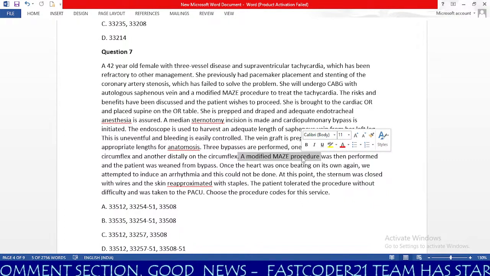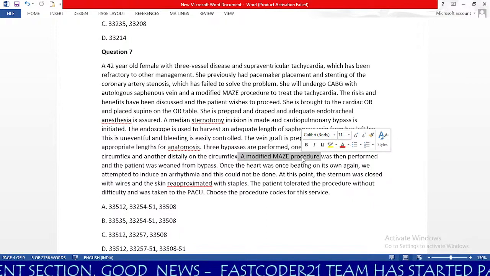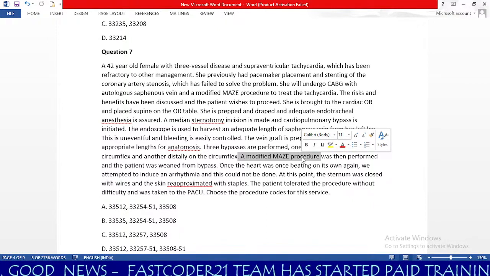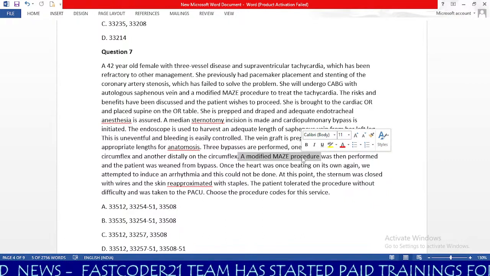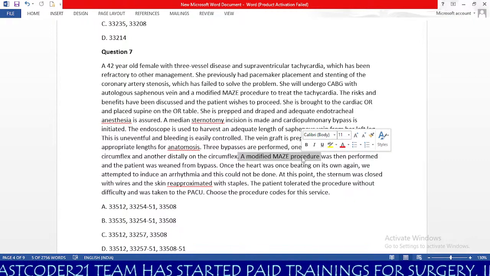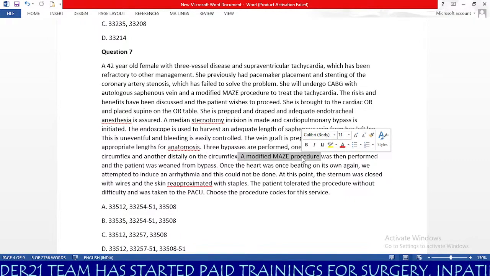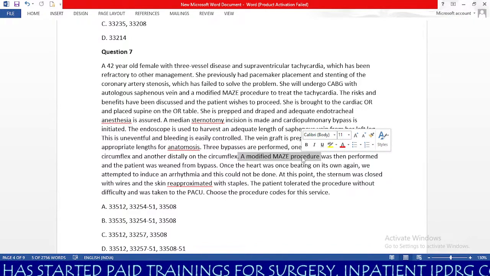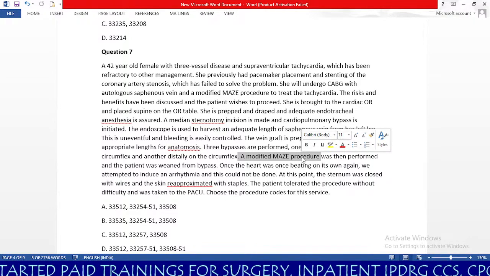Here a modified Maze is performed, but based on CPT guidelines, we can't report 33254 when performed at the same time as another sternotomy or cardiopulmonary bypass. So based on the guidelines, we can't code 33254 with 33512.